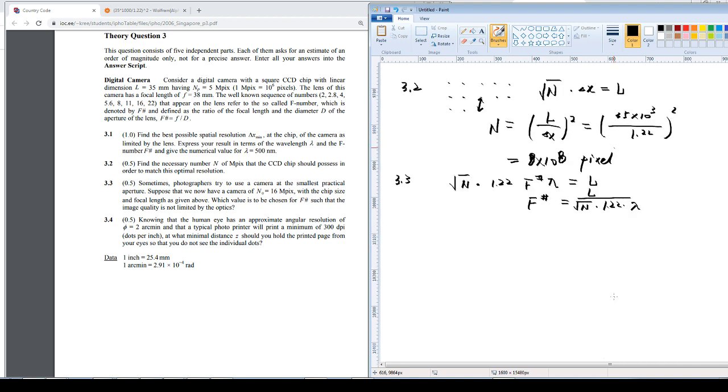Human eye has angular resolution phi equal to 2 arc minute. And a typical photo printer will print a minimum of 300 dpi.